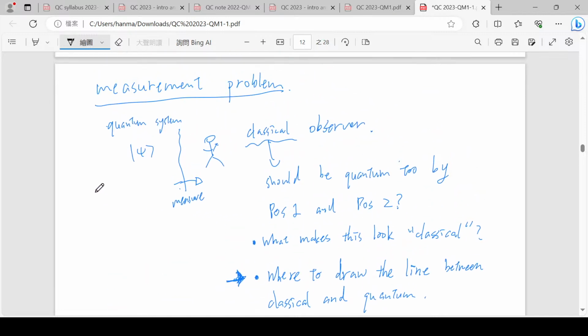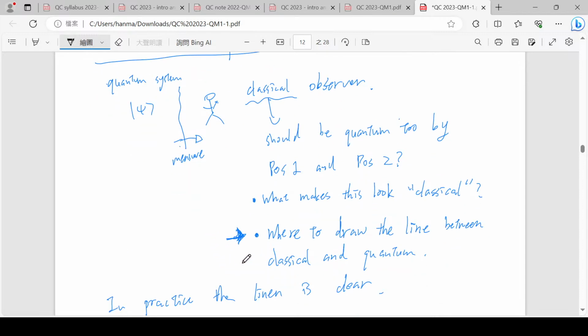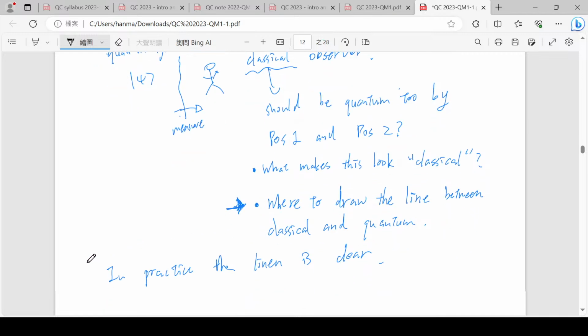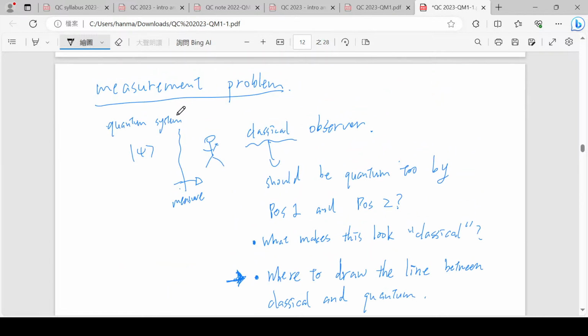And so when you try to remove this line and make yourself, the observer, also quantum, a lot of weird things happen, and that's where people get the many-worlds interpretation, etc. But anyway, here we take a more practical approach, although these things are not very satisfying from a physicist's point of view.